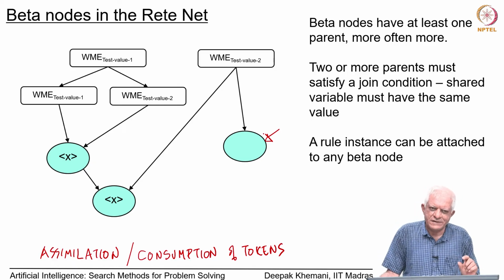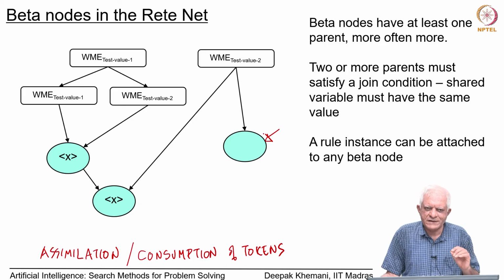The variable which is mentioned in the pattern of the rules, remember variables are only in rules. The working memory elements themselves will have only data, only constants.